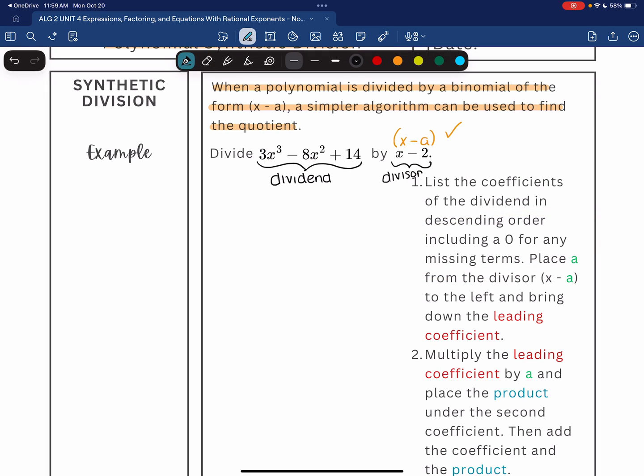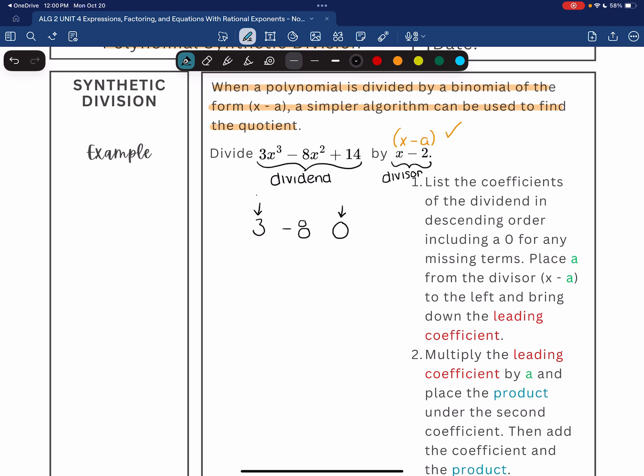So let's make sure we get these all in order. So I have, for my power 3, a coefficient of 3. Then for my power 2, I have a coefficient of negative 8. Then what would come next is actually a power of 1 or a linear term, but I don't have a linear term, so I have to put in a 0.